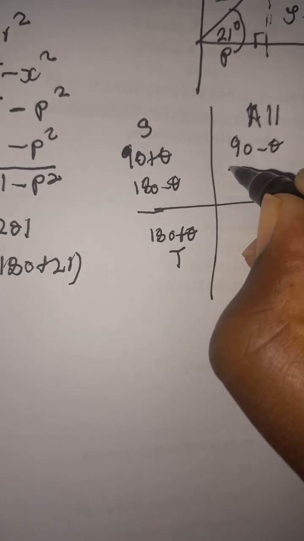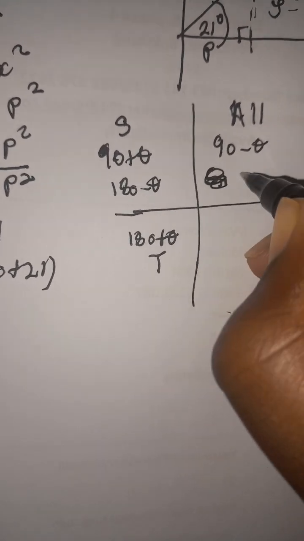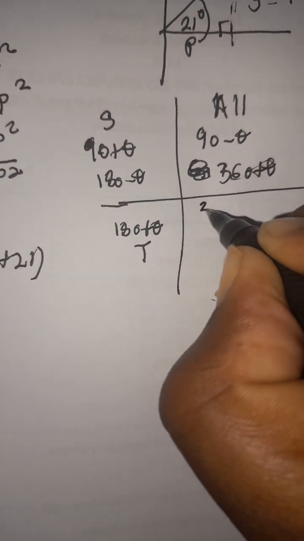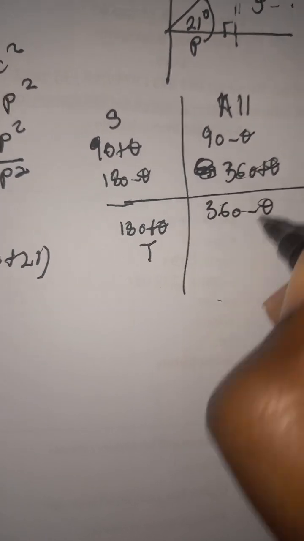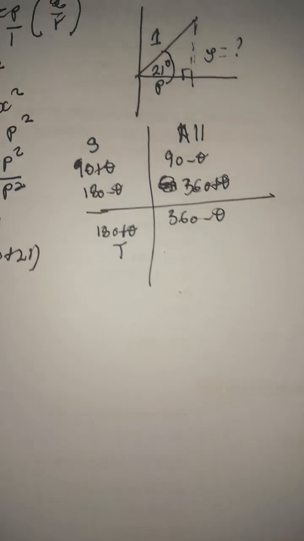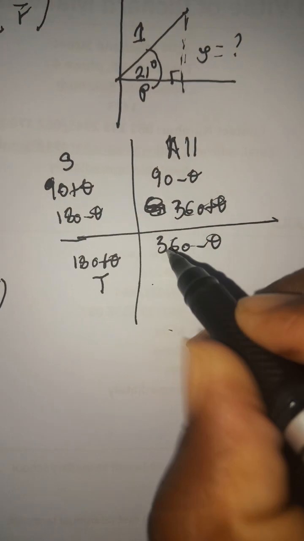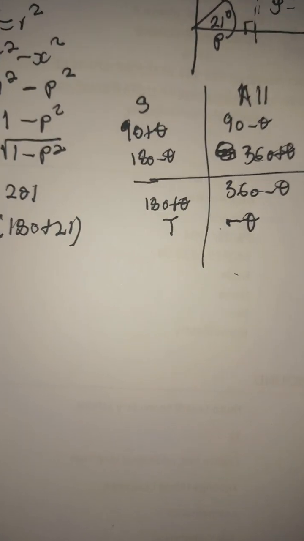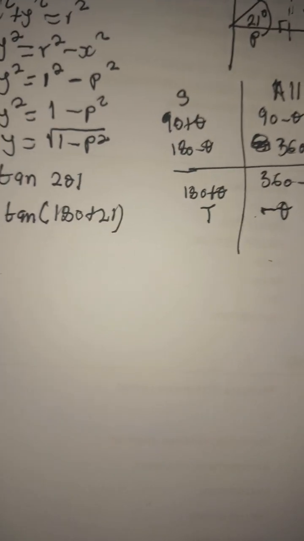We also have 360 plus theta. On the fourth quadrant, we have 360 minus theta and negative theta, guys, right? So it is very important to know your CAST diagram because it will help you as well.